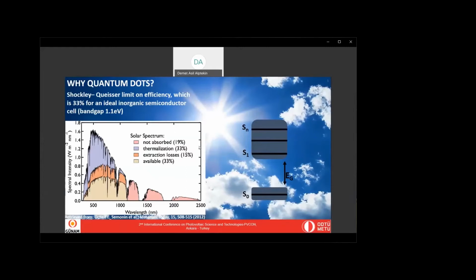We know that when the energy of the photon is less than their band gap, basically no electron hole pairs are created, and it corresponds to a loss of 19% in the solar spectrum. Another major loss mechanism is the thermalization losses, which is around 33%, a significant loss mechanism, and this is due to absorption of photons greater than their band gap.